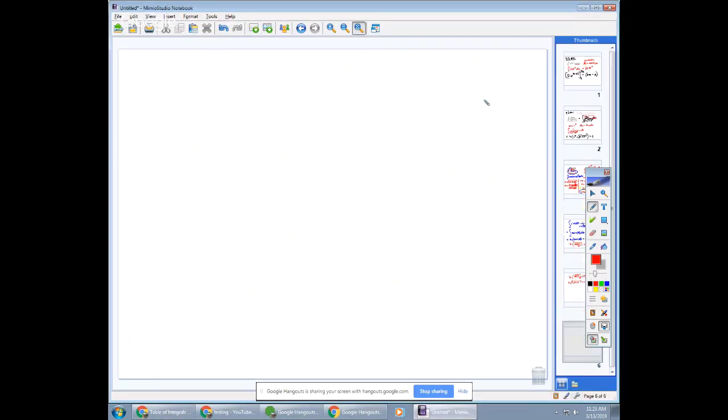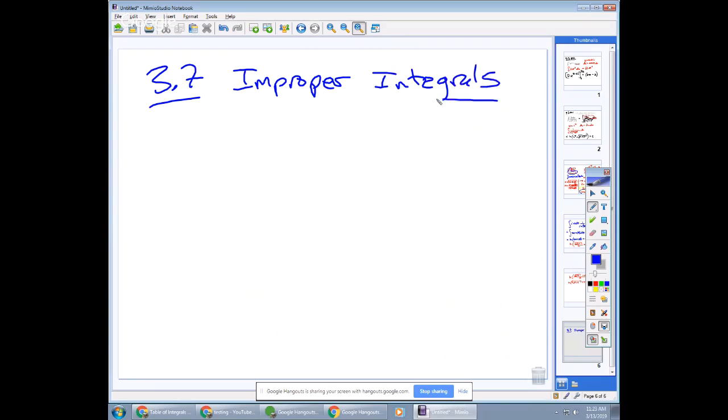So what does it mean for an integral to be improper? All right, so 3.7 improper integrals. So we've been doing all kinds of integrals. This is called a definite integral, right?